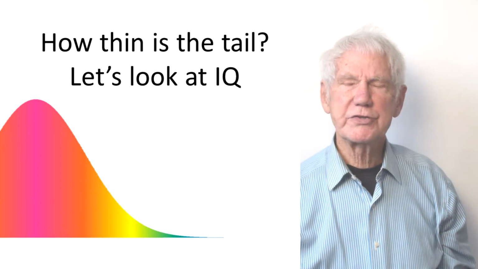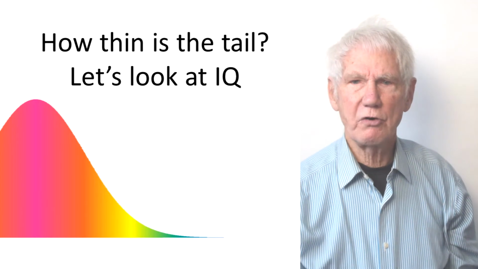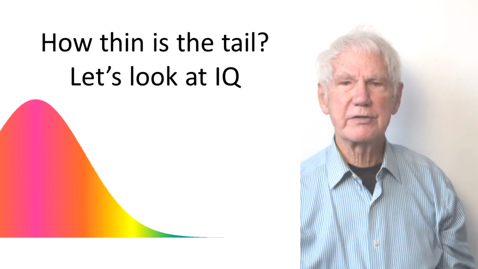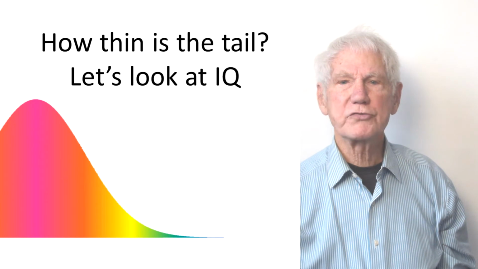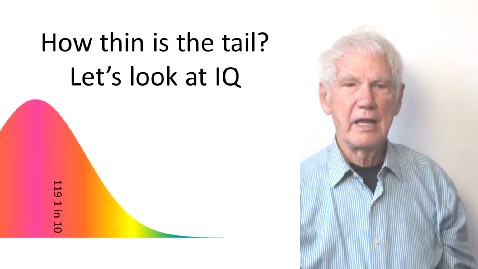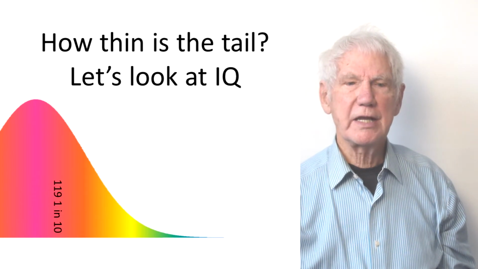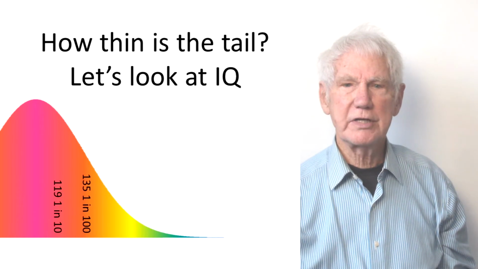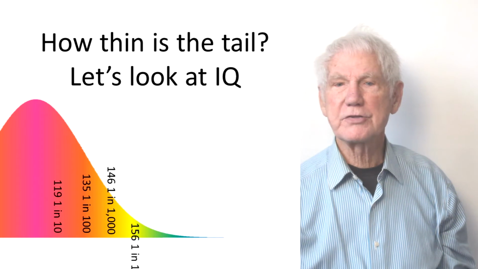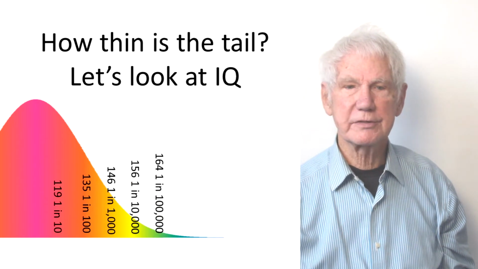Now, how thin is the tail? Well, IQ is something we can all relate to. I'd like to make a couple of points about it. First of all, the incidence of people at a given intelligence level falls off rapidly as you go up the scale. Whereas 1 person in 10 has an IQ of 119 or more, it's only 1 person in 1,000 by the time you get to 146.